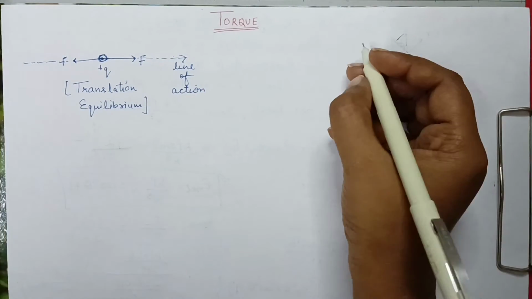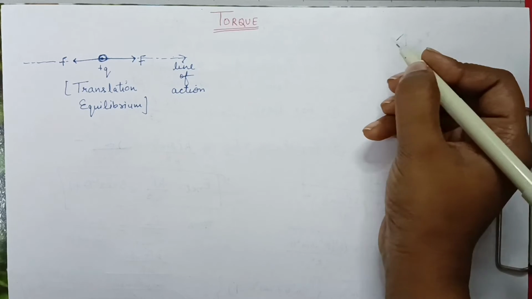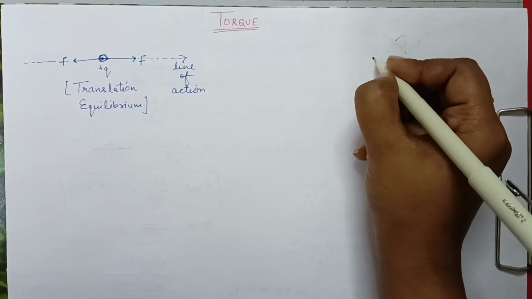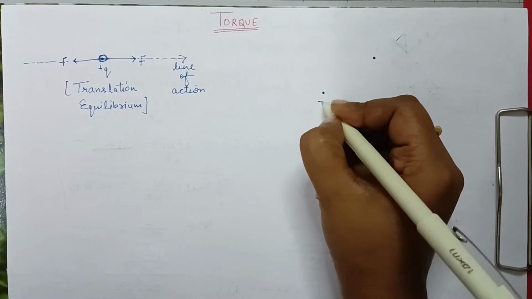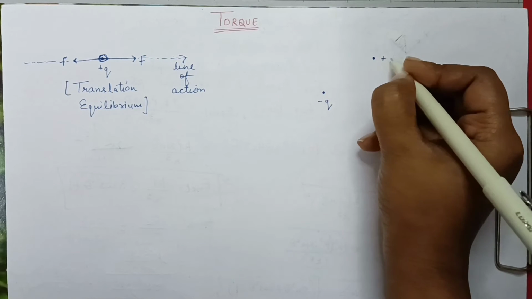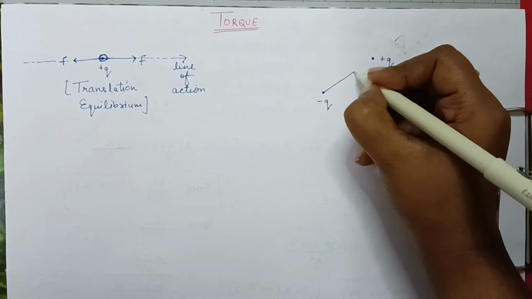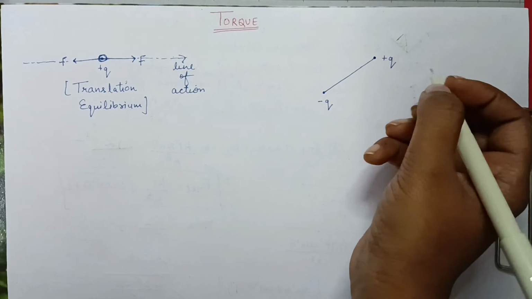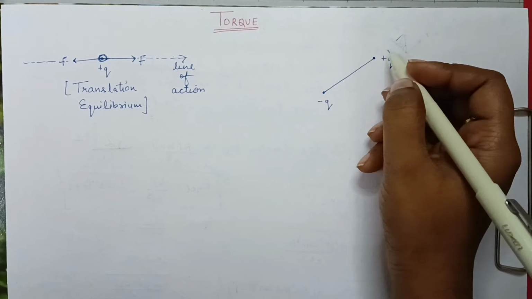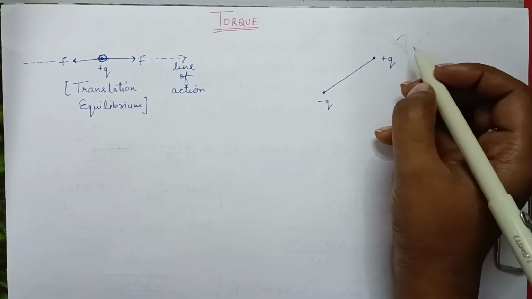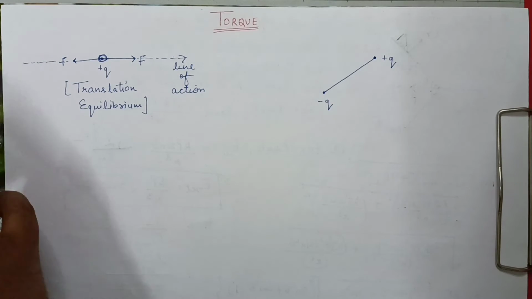Now suppose another case in which we have two charges, minus q and plus q, separated by some small distance. This is basically a dipole, right? Now again, forces are acting on them.